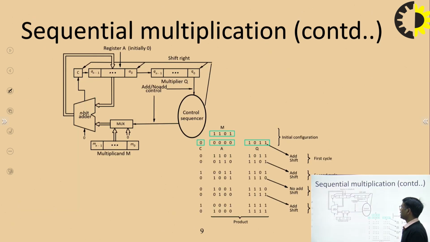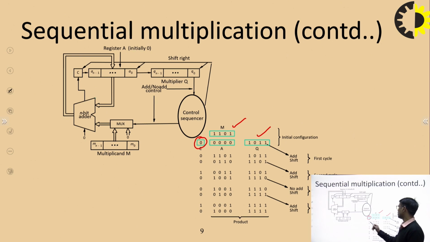Fine. Now, we can do these examples by paper and pen to verify the concept, and this is an example given for you. Please practice at home. We can see here in this table that initially the multiplicand has this value and the multiplier has this value. Fine. And the carry is initially set to 0.